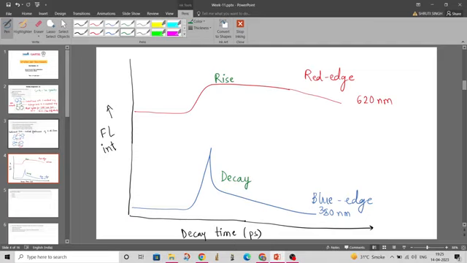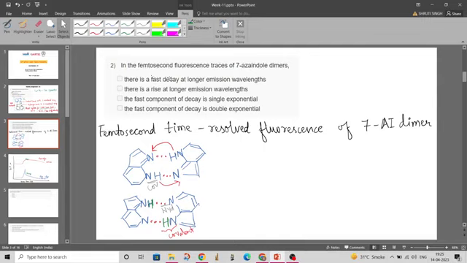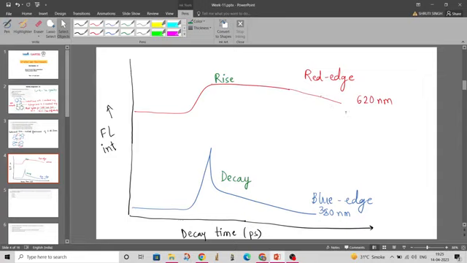The question is asking about the femtosecond fluorescence traces: there is a fast decay at longer wavelengths. So this is the longer emission wavelength, but here we do not see any fast decay.